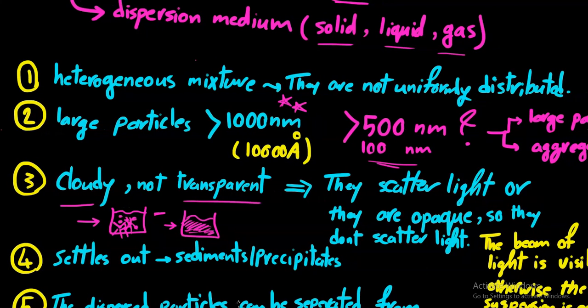If the particle size is large enough but not too large, yes, you can see the beam of light, so the beam of light is visible. But if the particle size is much larger than what would be enough for the scattering of light, the suspension would be completely opaque, and in this case you cannot see the beam of light, so the beam of light is not visible.